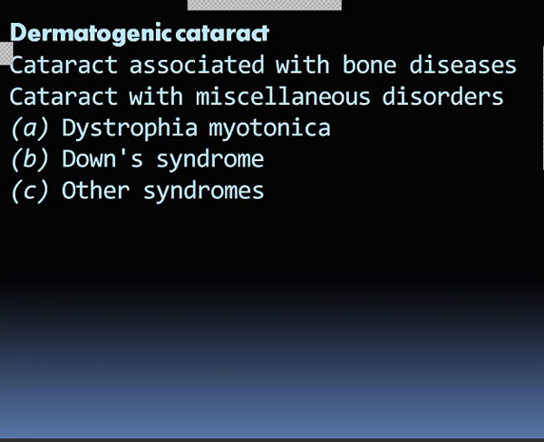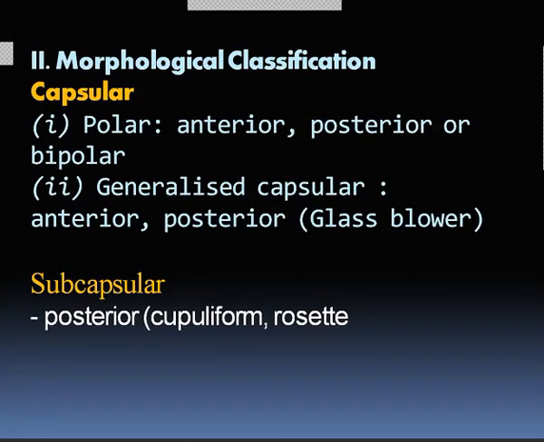And the dermatogenic cataract, and cataract associated with some bone diseases, and miscellaneous diseases like dystrophia myotonica, Down syndrome and others. Most of the other conditions you need not worry about. Whenever the muscle is involved, and also in the mentally retarded, as in Down syndrome, cataract is present. And this is all the etiological classification.